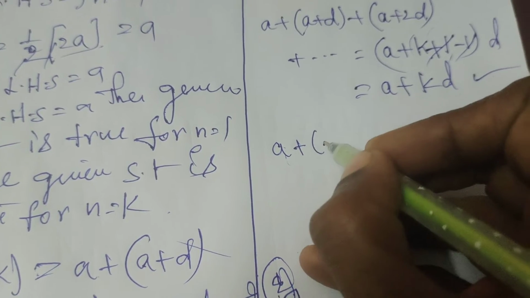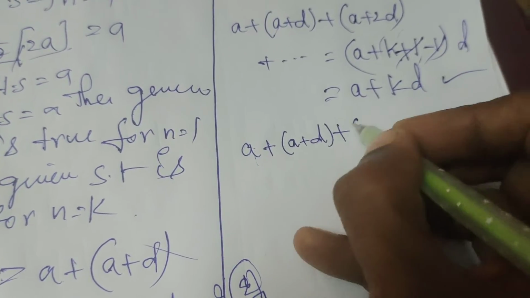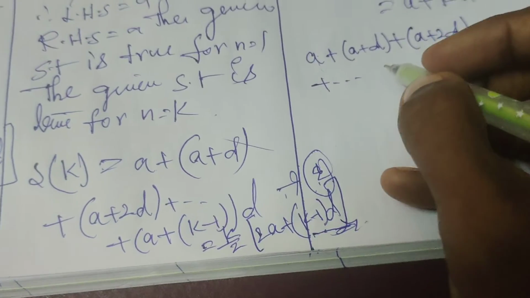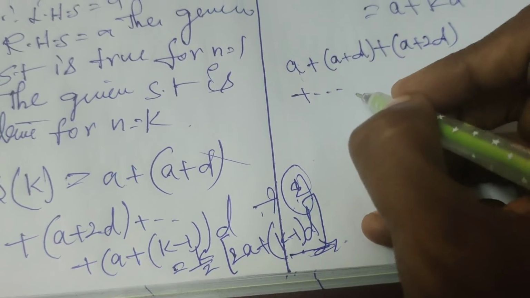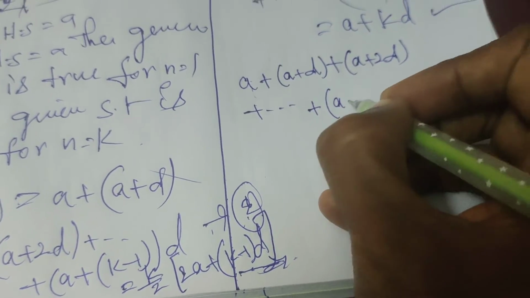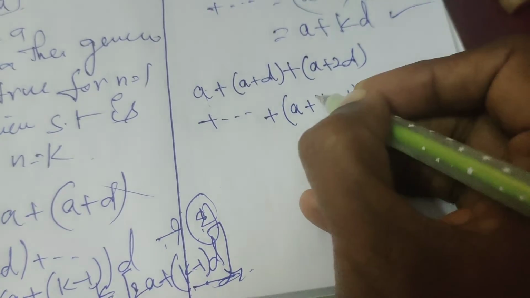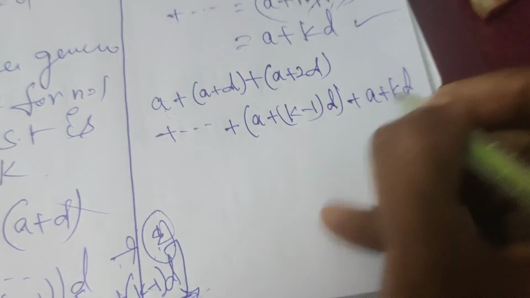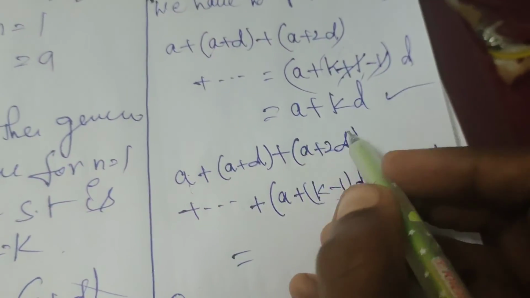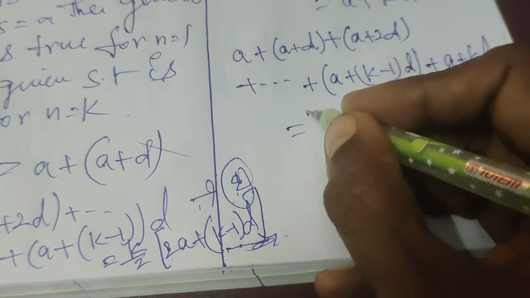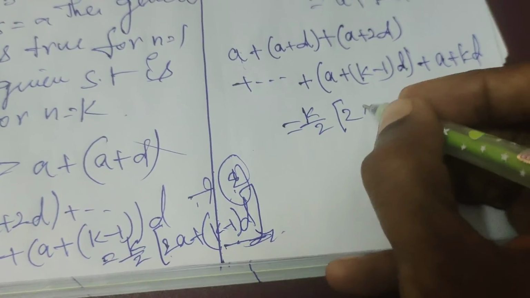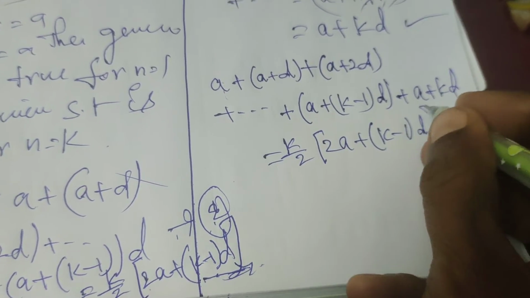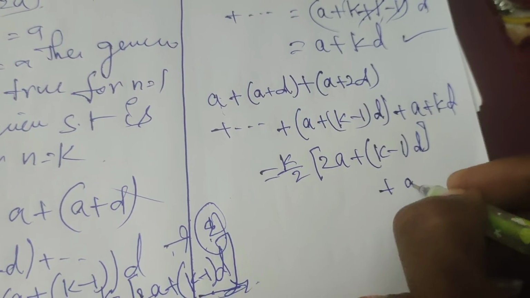Therefore a plus d plus a plus 2d, and so on, plus a plus k minus 1 into d, plus a plus kd, equals, for the RHS, k by 2 into 2a plus k minus 1 into d, plus a plus kd.